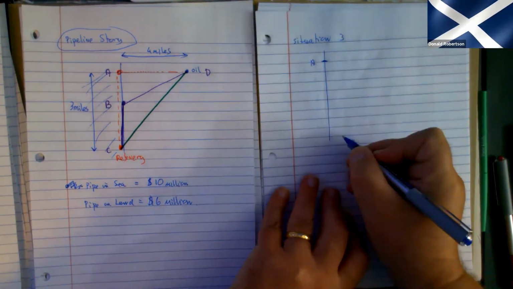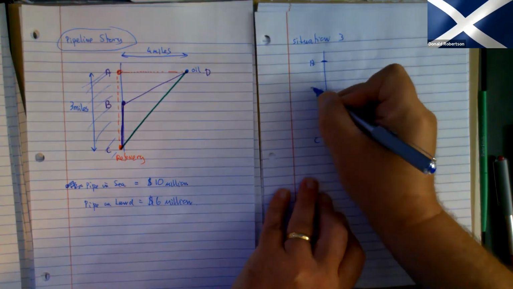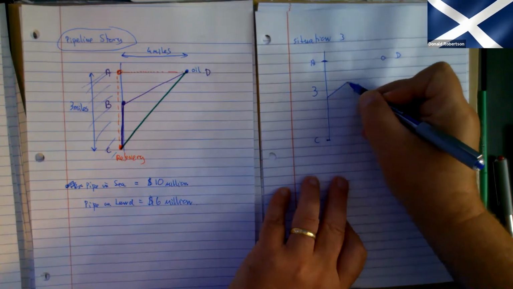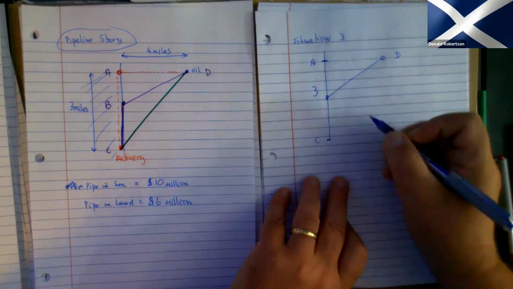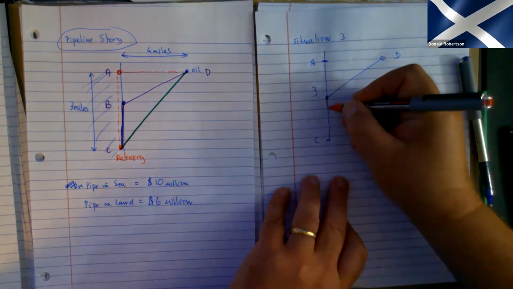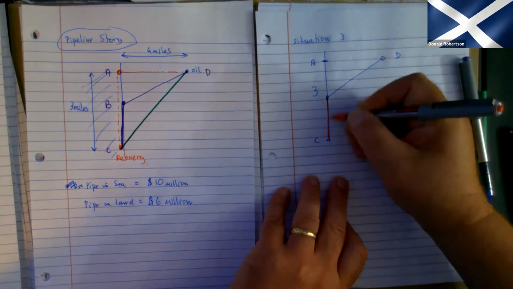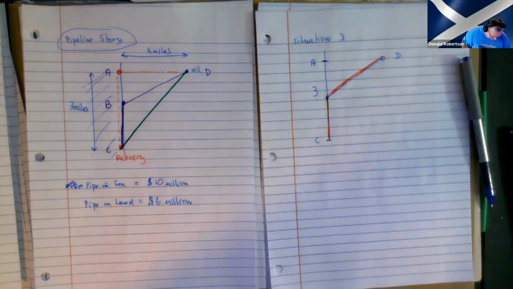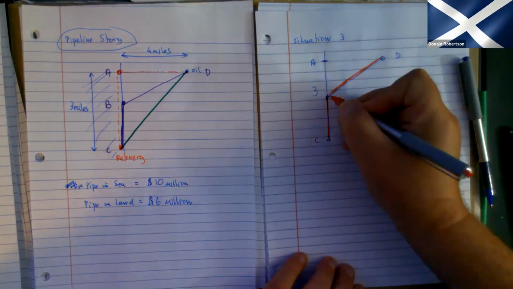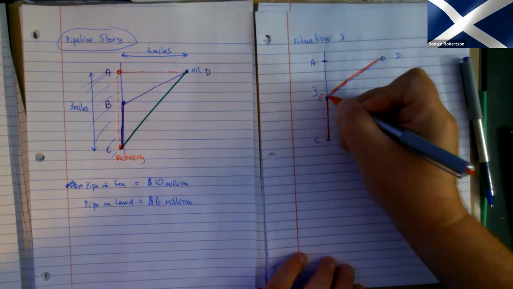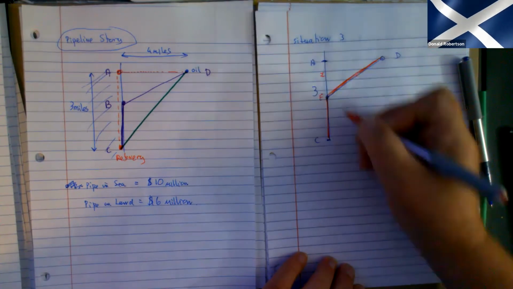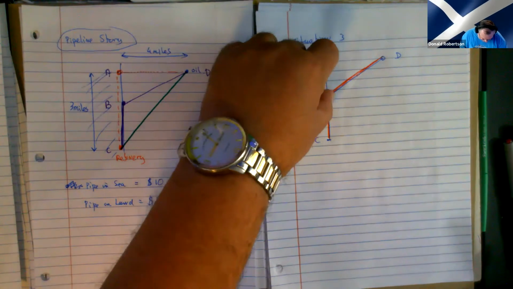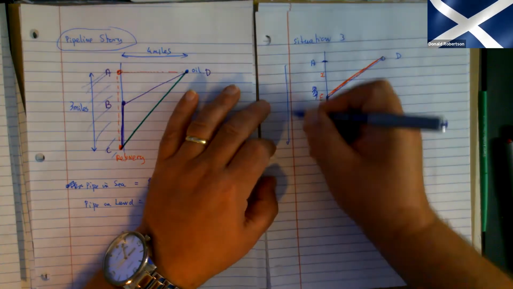There's A. There's C. 3 miles. There's the oil rig at D. And we're going to go to some place here. And then we're going to go down here. And I am going to call this guy, what letter of the alphabet? E. So I'm going to call that distance X. I wish that 3 wasn't there, it's a distraction. Put the 3 over here out of the way.